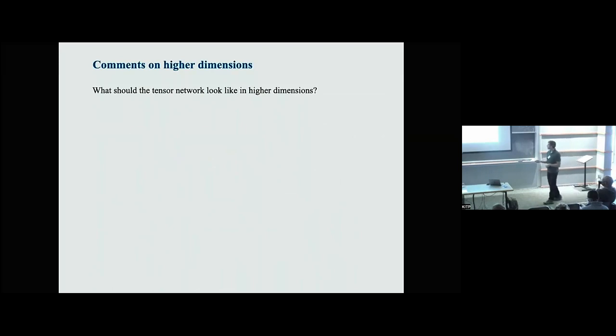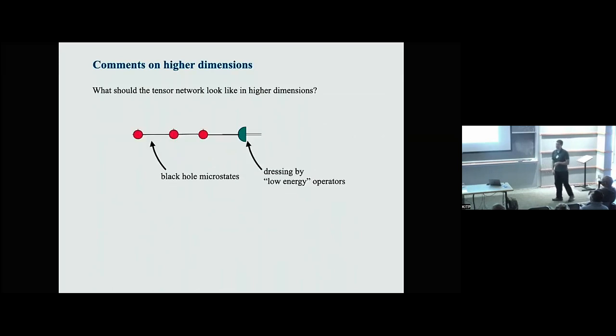So the analogous thing to do in higher dimensions is not to use conformal blocks, but to somehow separate out the theory into the chaotic part, which is the black hole microstates, and the low energy stuff that dresses those states. We don't know how to do that in higher dimensions, but roughly speaking, the internal legs on the tensor network should be black hole microstates, and then we dress them by low energy operators.